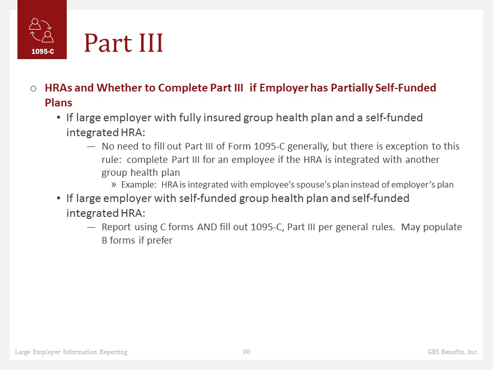However, some employees in some situations at some employer locations get that HRA money, but it's integrated with a spouse's group health plan, so it's not integrated with the employer's health plan. If that's the case, you do need to fill out Part 3 for that particular individual who has their self-funded HRA integrated with a separate health plan that is not yours.